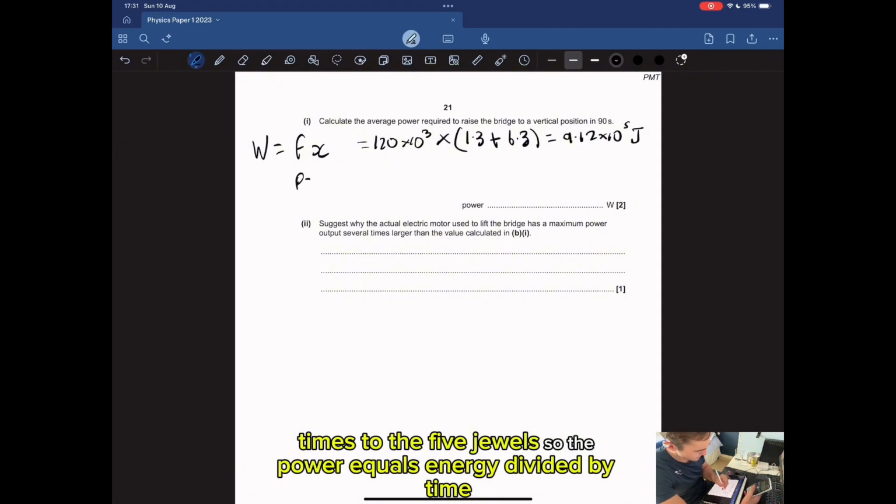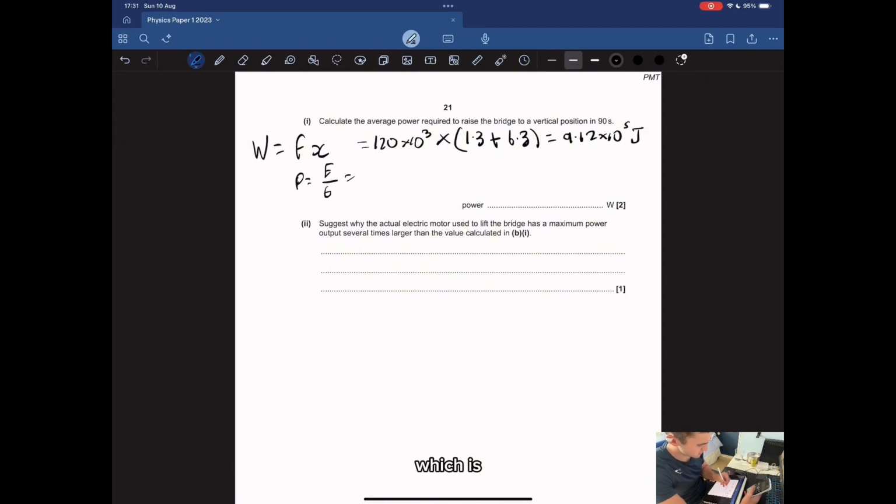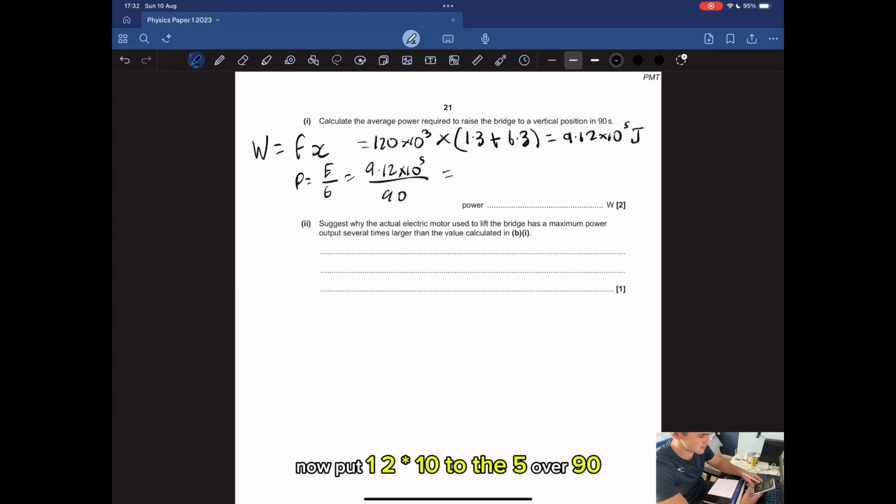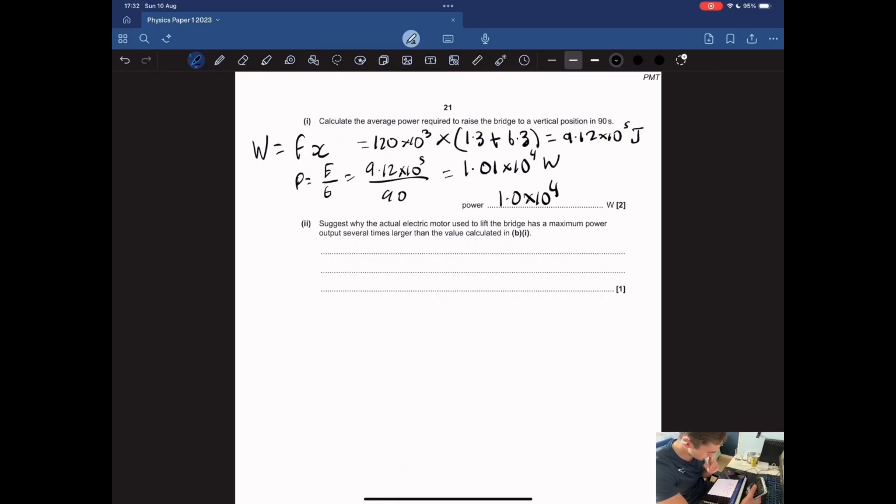So the power equals energy divided by time, which is 9.12 times 10 to the 5 over 90, which is 1.01 times 10 to the 4 watts. So it's just about 1.0 times 10 to the 4 watts.